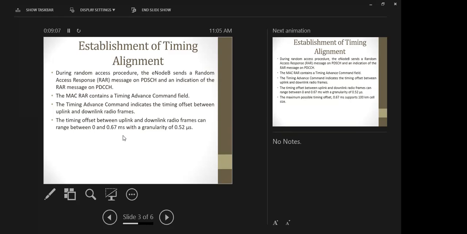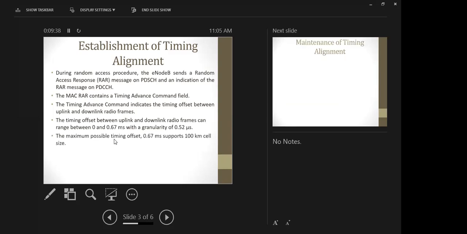So when it sends the random access response message, it includes a timing advance command field, the same type of field which you used also for maintenance. Okay. So this is the establishment of timing alignment, and that indicates how much timing offset you should use.